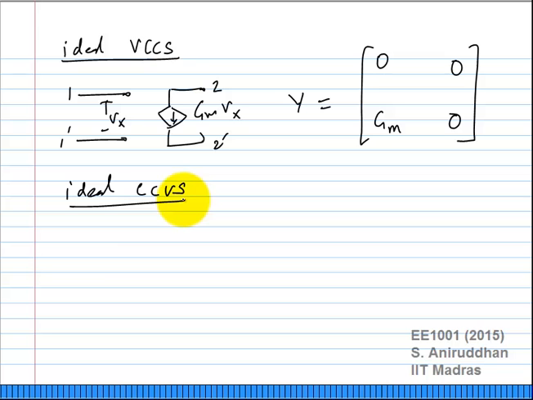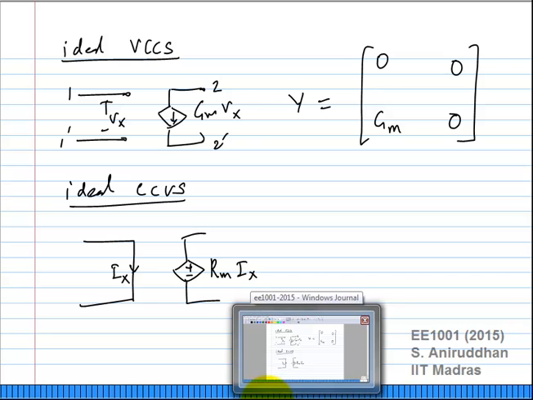For a current controlled voltage source, so let us say some Rm times Ix. What kind of two-port parameters will be appropriate here?